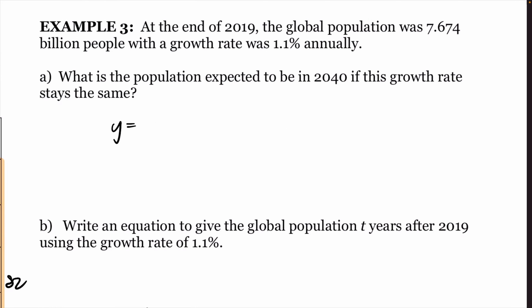So we said 7.674 times 1 plus 0.011. If 2020 is year 1, 2021, 2022, 2023, if I keep doing that, what would 2040 be? Close, not 19, 21. It would be 21. Put that in your calculator, see what you get.